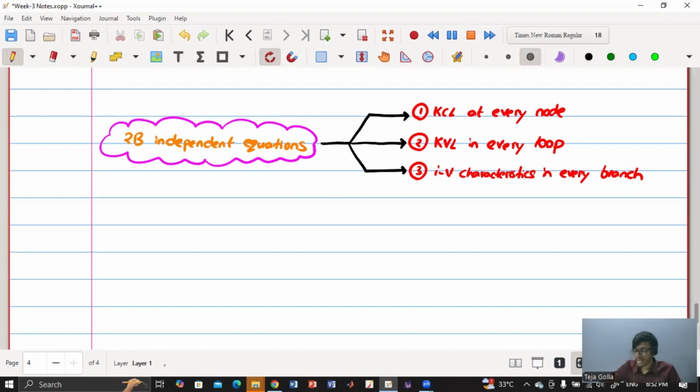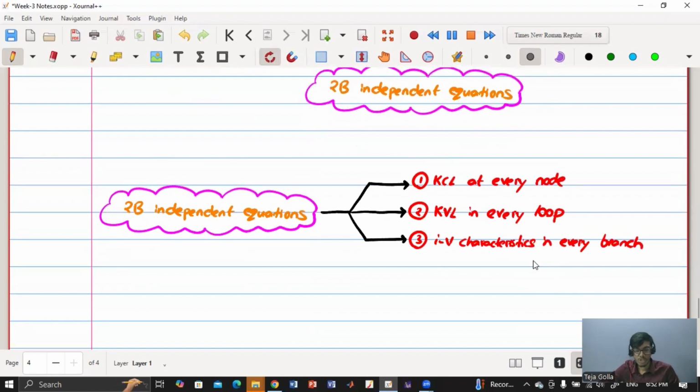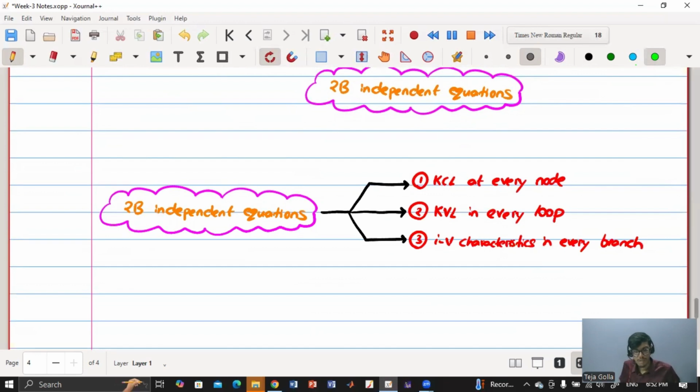So if there are B branches, we'll get one equation in each of these branches. So how many IV characteristics will I be getting in total? Each branch, I'll be getting one IV equation, right?